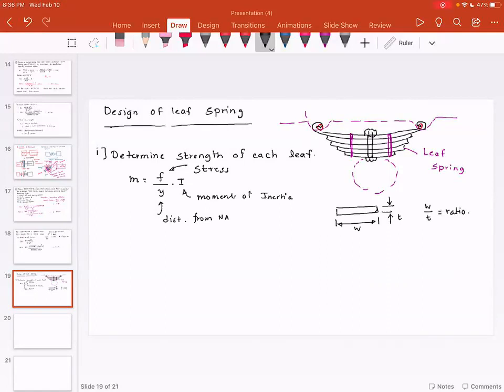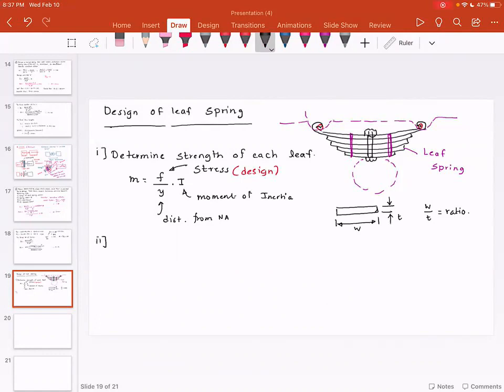So what we do is we substitute the design stress. This is the design value. Then the selected W by T ratio and find out the strength of each leaf.